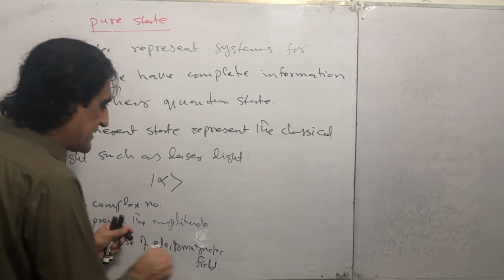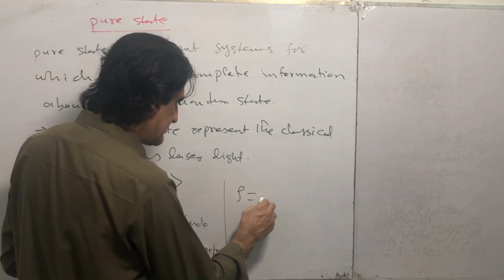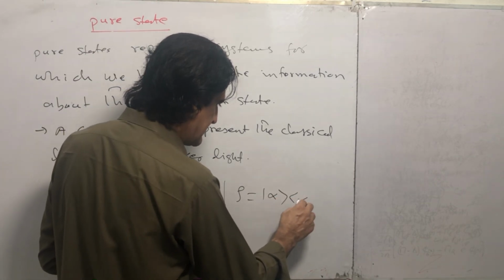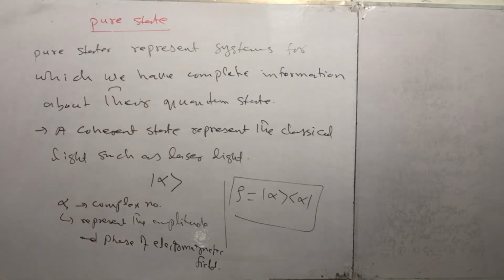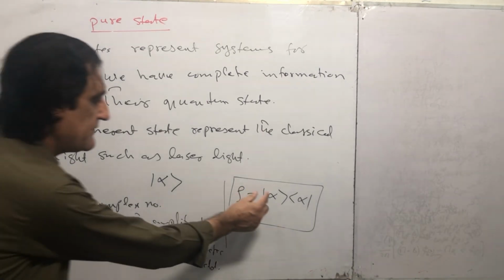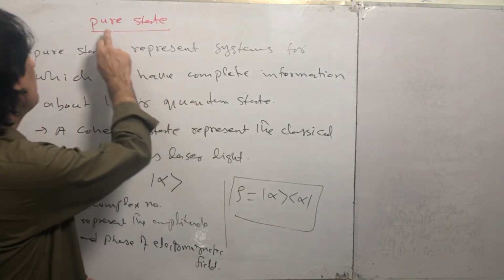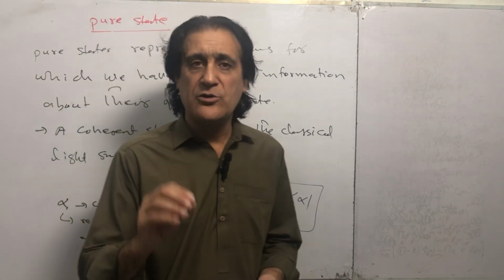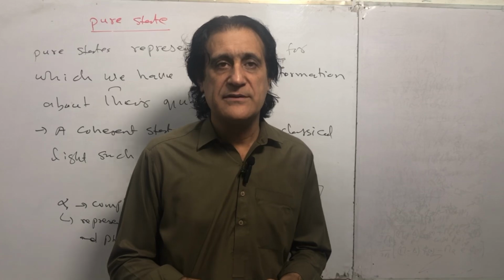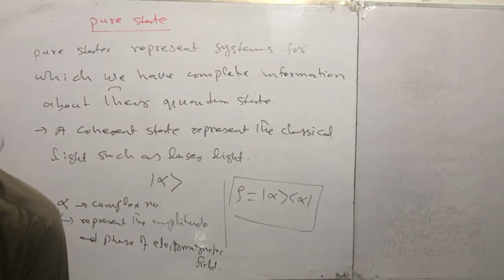And the density matrix for a coherent state must be written like this. So this is the density matrix, and we have all the information about this state. So this is known as a pure state. Further examples are squeezed state, polarization state, superposition state, and entangled state. All these are known as pure states.